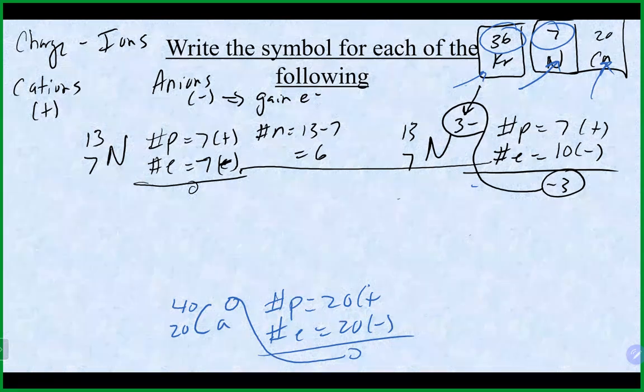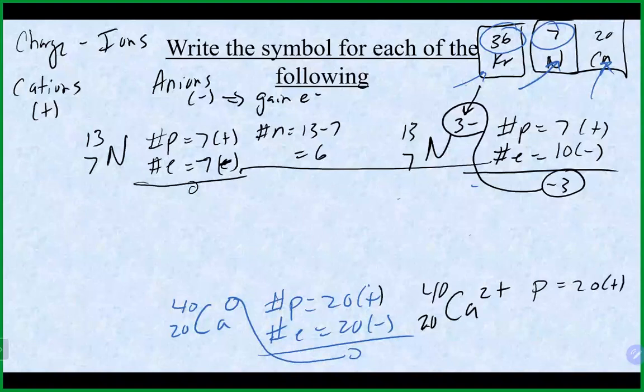Now we have our calcium here. Let's say we had our same calcium, but it had a +2 charge. Once again here, in order to keep it as calcium, the atomic number obviously stays the same. So the number of protons here would be 20. The number of electrons in this case would be 18, actually.